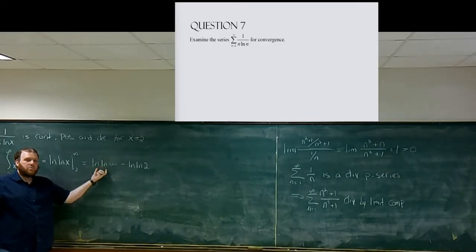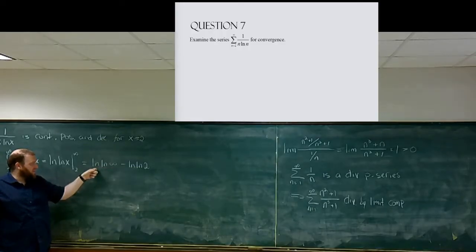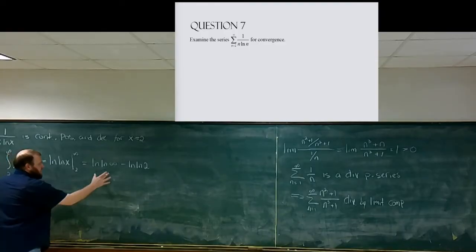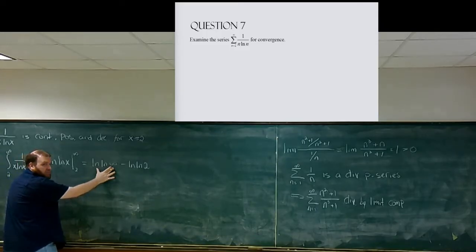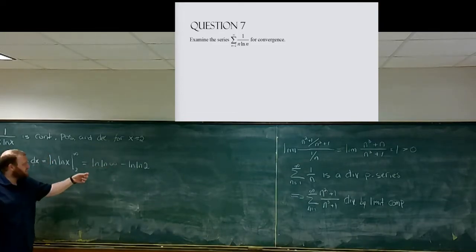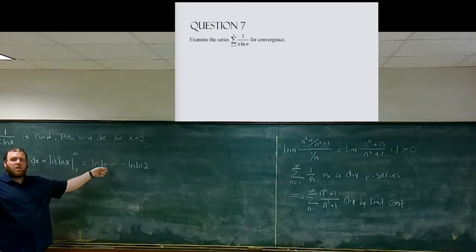Then you play the same game. So if this is increasing to infinity, this is now the limit of log of x as x goes to infinity, which is infinite. It diverges. Keep in mind that this isn't really natural log of infinity.